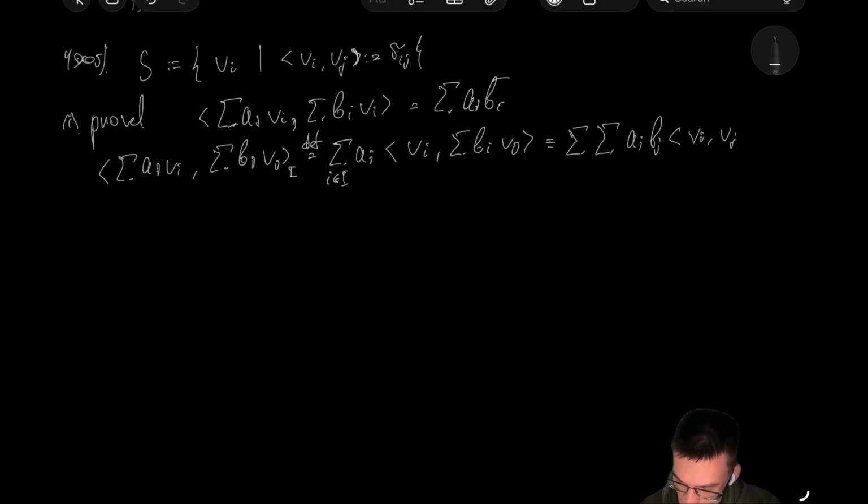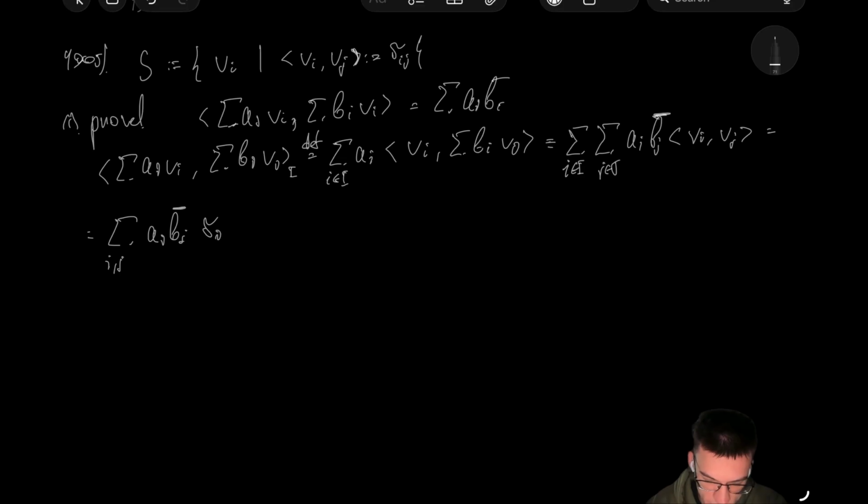And then we have the sum with respect to its indexes of Ai, Bj, and we have to keep in mind that this is the conjugate value here.